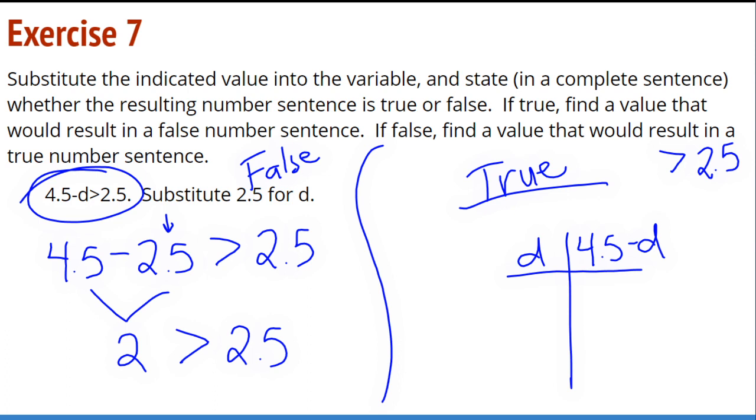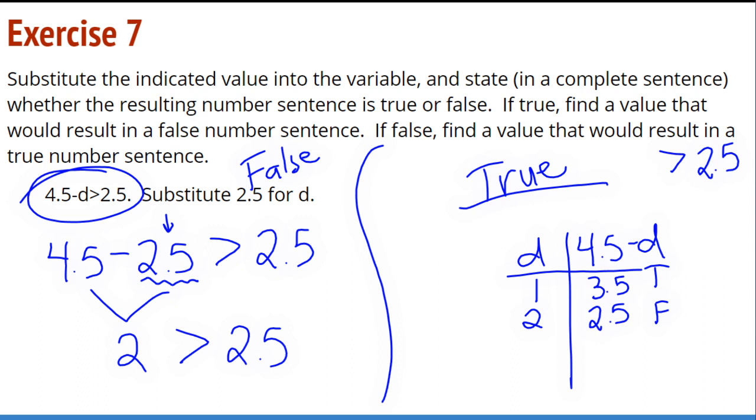So I'm thinking here that I should take away less than 2 5/10 because I want to be left with a whole lot more than this 2. So maybe I'll do D is 1. 4 and 5/10 minus 1 is 3 and 5/10, and now I have a true statement. I know if I do 2, that I will have 2 and 5/10, and now all of a sudden it's false.